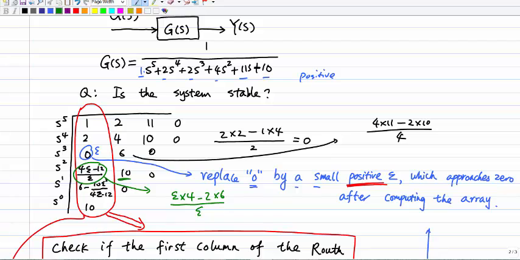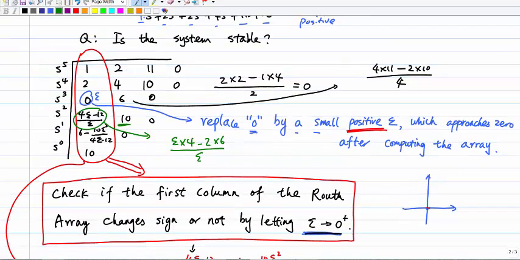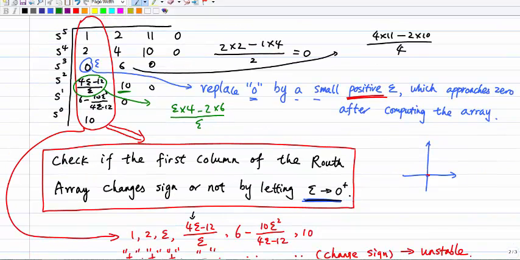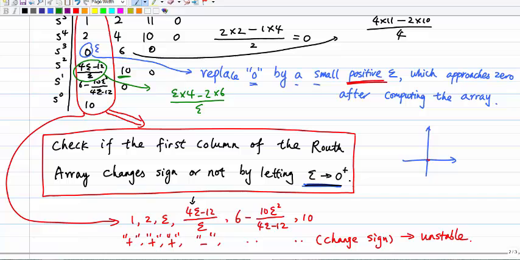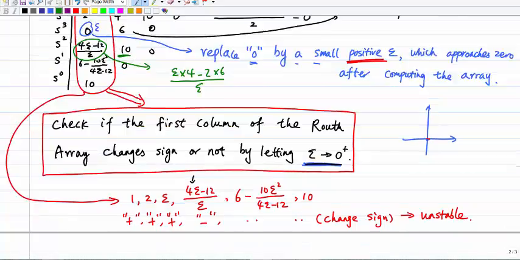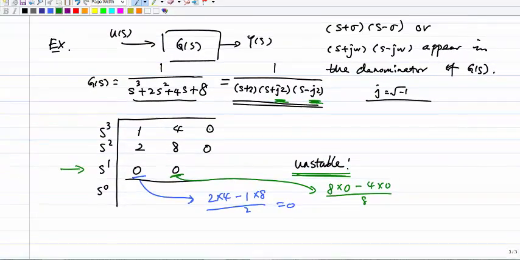After you compute all the numbers, you check the first column. You check if the first column changes sign by letting epsilon go to 0 plus, which means it's still positive, but infinitely small. Okay, so that's about the Routh-Hurwitz criterion.